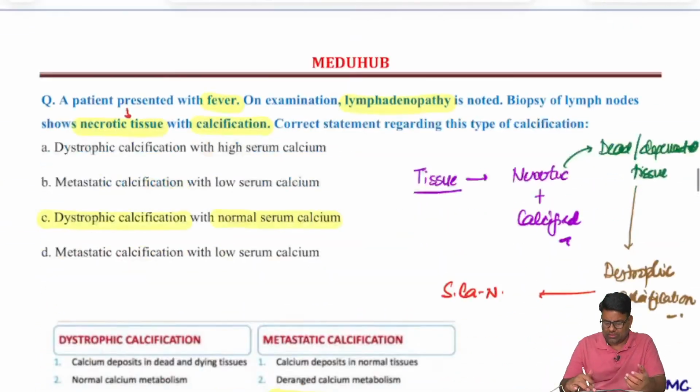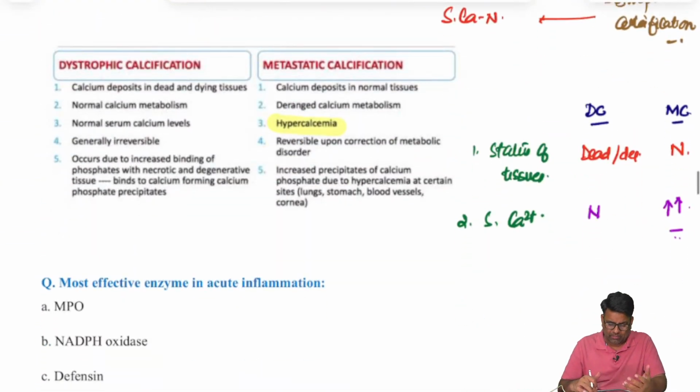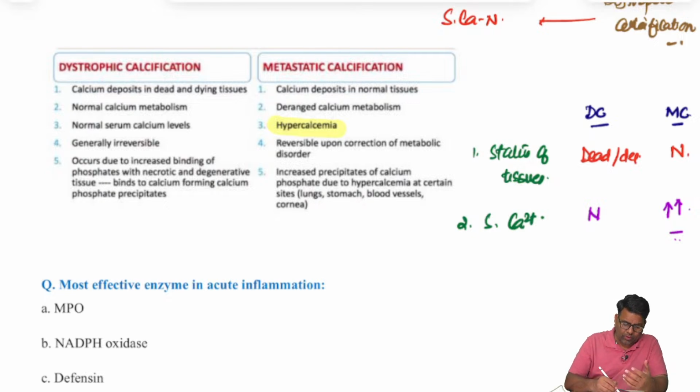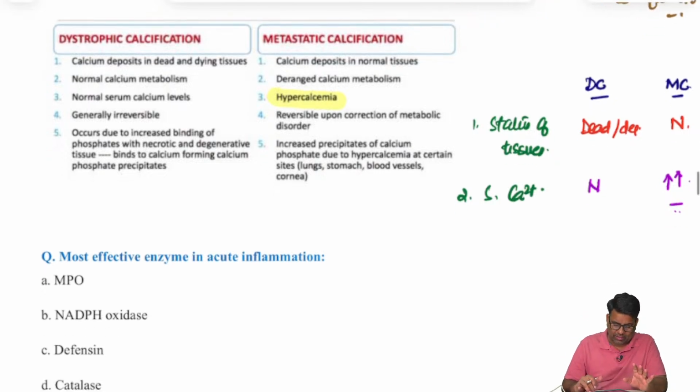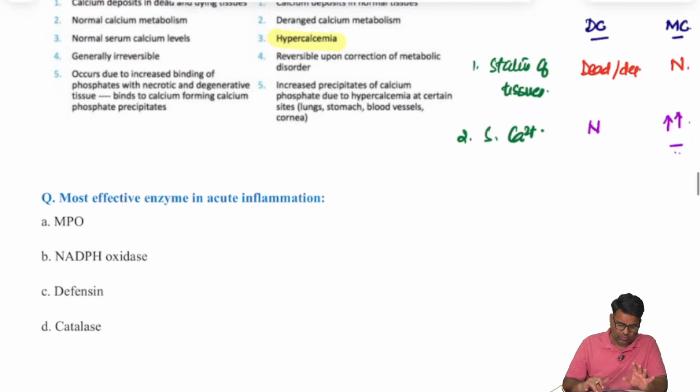I think this table can summarize the two conditions in a better way. So the moment you find any calcification in a dead, degenerated or dying tissue, it has to be dystrophic, right? Because metastatic occurs in normal tissues, although the serum calcium levels are elevated. Okay, so this is about the two.